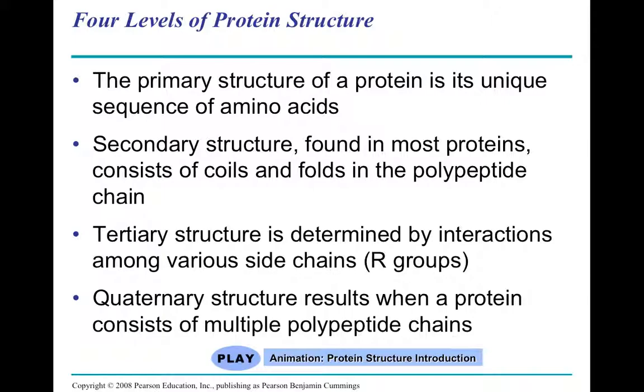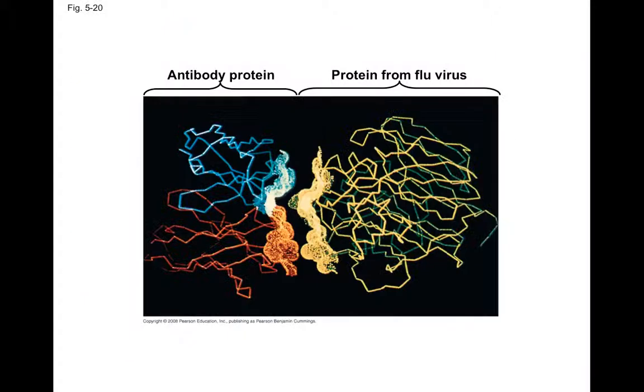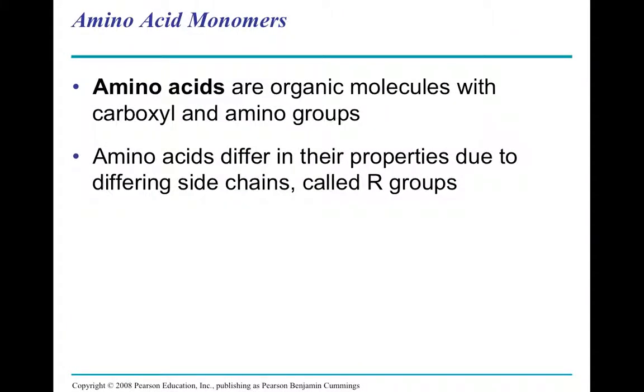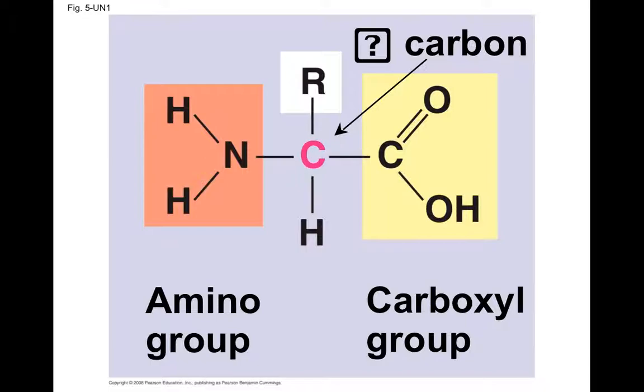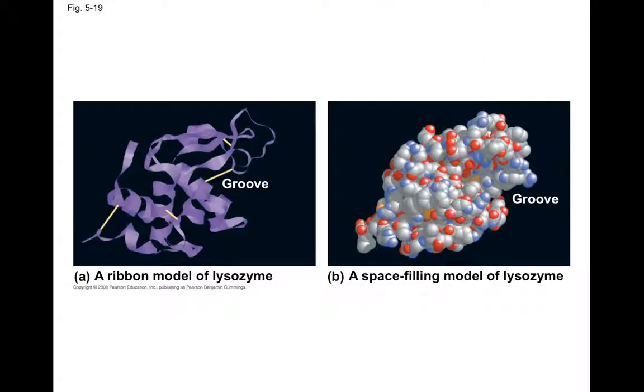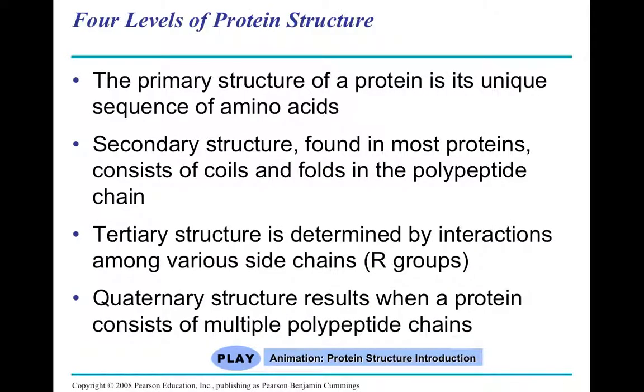So like each single monomer, so here we have the amino acids, the unique pattern of these, and it could include any of all these that are attached to this. So it's a unique sequence of amino acids.